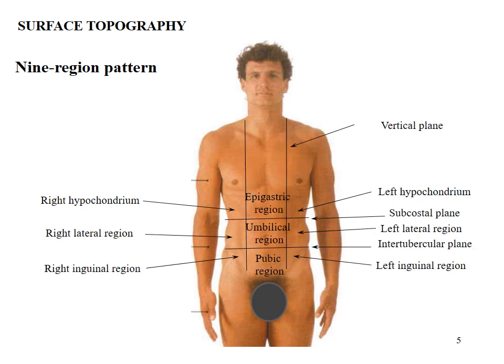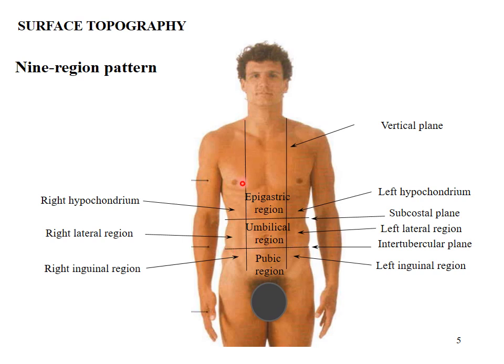The other pattern is the 9-region pattern. There are two horizontal and two vertical planes. The superior horizontal plane is the subcostal plane, which passes through the 10th costal cartilages, and the inferior horizontal plane is the intertubercular plane.